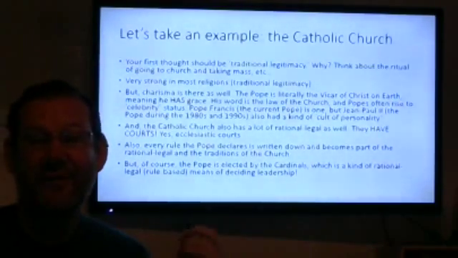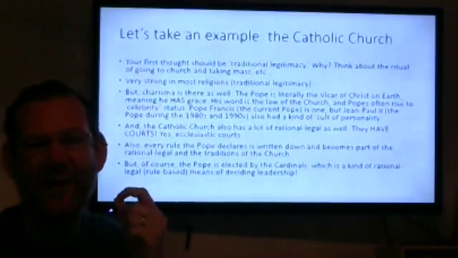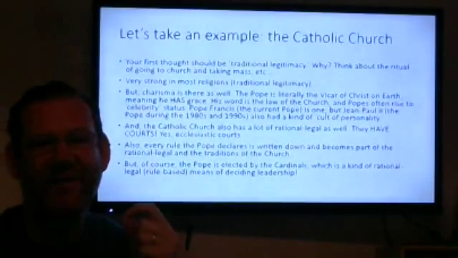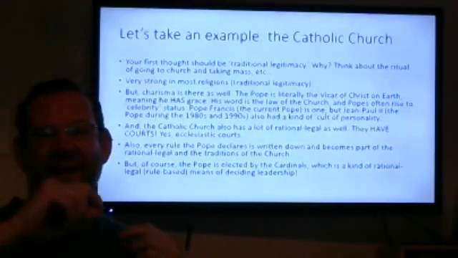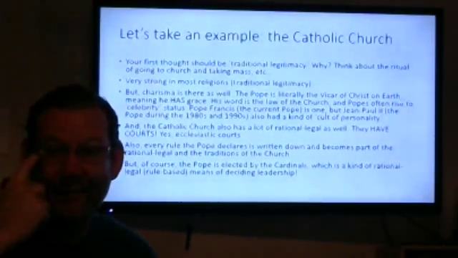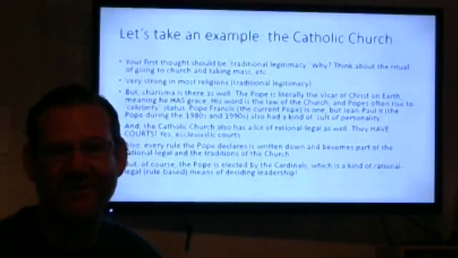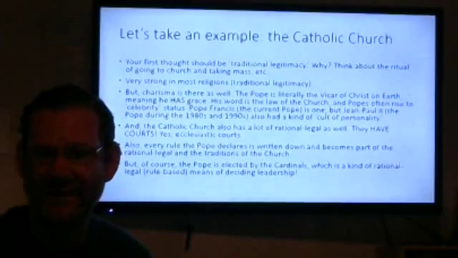And sure enough, according to official Catholic doctrine, the Pope is literally the representative of Christ on earth. He is literally in between humanity and the divine, the gift of grace that Max Weber was talking about. He was really thinking about the Catholic Church when he was thinking about charismatic legitimacy.